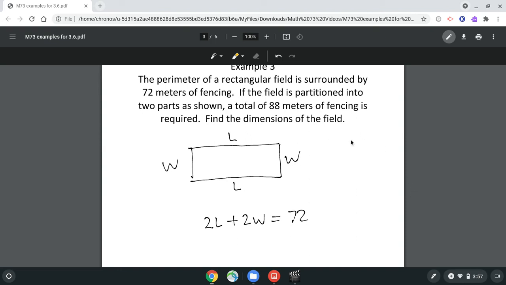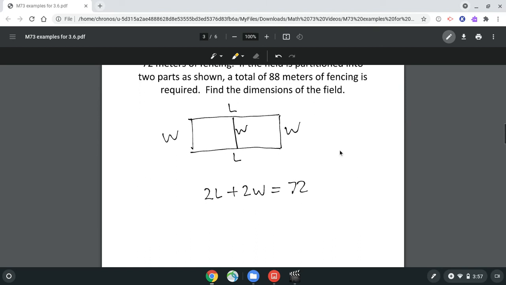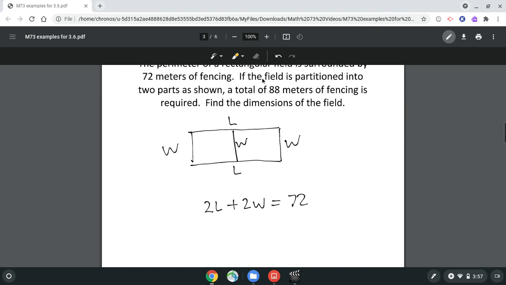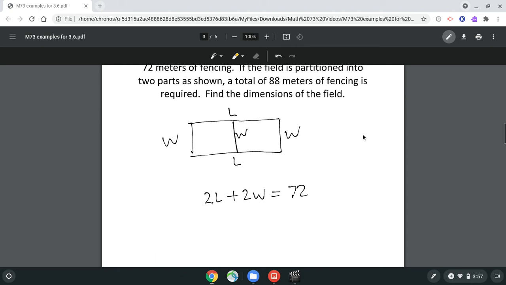And then it's partitioned into 2 parts like this. So now the length of this fencing is the same as this and this. So this middle piece is now length W. And it says that if the field is partitioned into 2 parts as shown, a total of 88 meters of fencing is required.